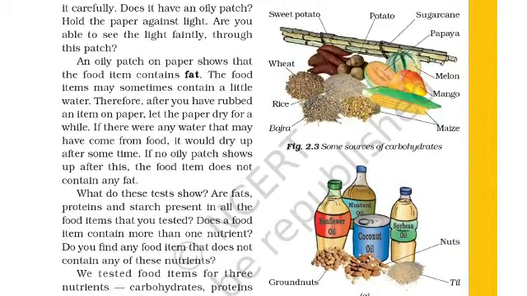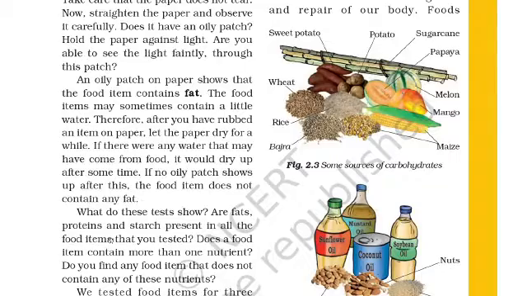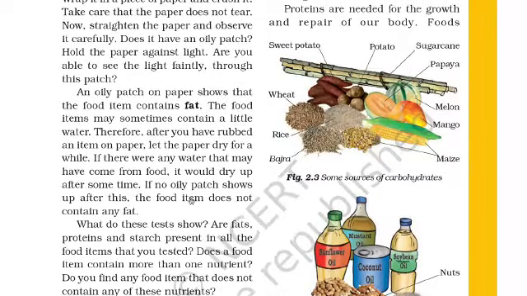You can see this picture here. Some sources of carbohydrates. In your copy, you have to write sources of carbohydrate. The first is sweet potato. This one is potato. This one is sugar cane.